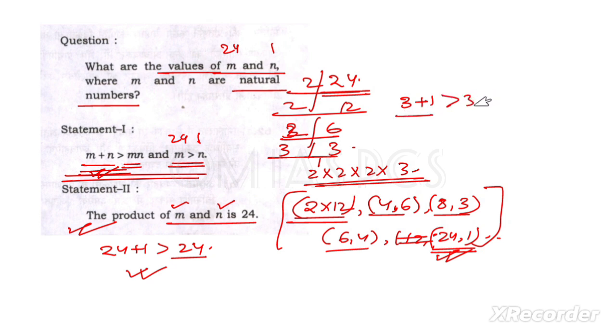So there are many possibilities. When we combine both, we can get one exact answer, right? So the option will be: the question can be answered using both statements together, but cannot be answered using either statement alone. Because we have to find the values of m and n.